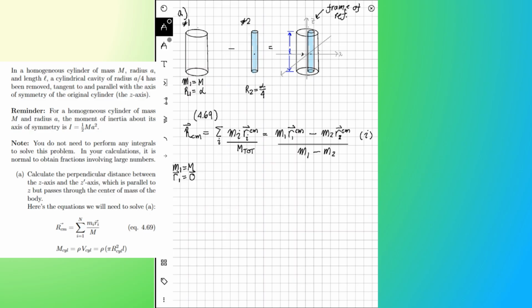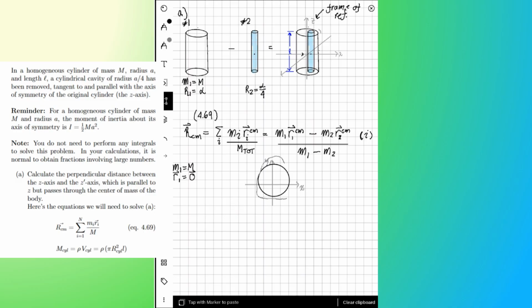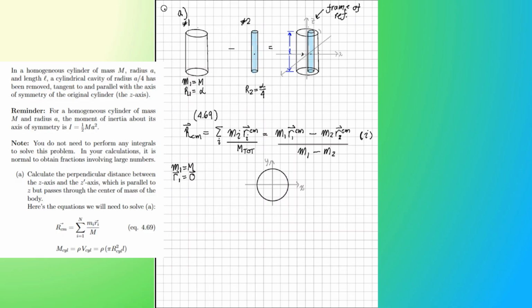Now, for R2, let's draw the top view of this. So let's draw this portion here, looking on the top of it. So we have the big cylinder, which is centered at its own center of mass. And we have the cavity here.